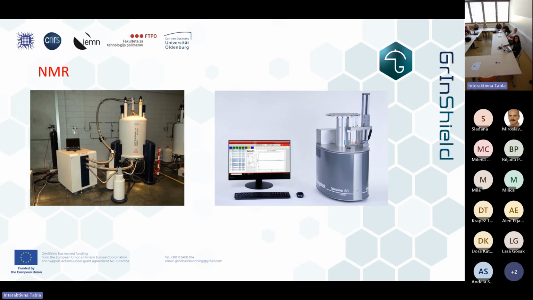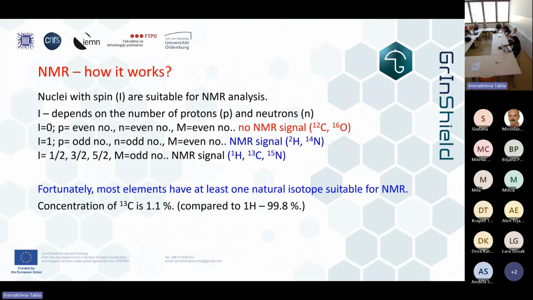They can also be used for polymers, but it's better to use a big one for polymers, to be honest. However, for routine work, I think this tabletop is also very useful for polymers.